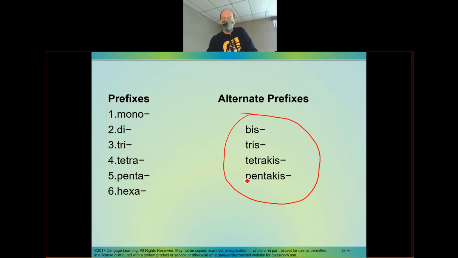So if you've already used the Greek prefix, you're not going to have a di, whatever. You're going to have a bis, di, whatever. So once the ligand name has a Greek prefix in it and you have more than one of them, you have to use the bis, tris, tetrakis, or pentakis name.